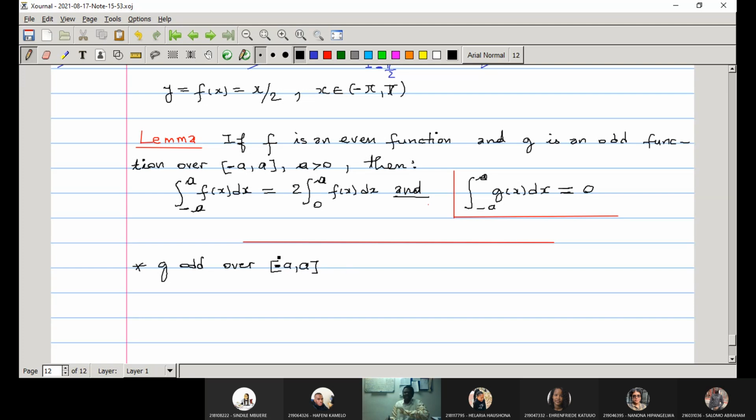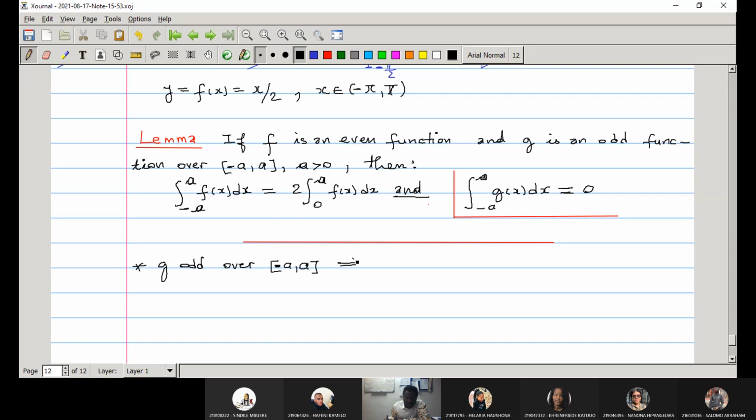It doesn't need to be odd only over this interval, just an odd function, odd over the real line. Just odd, for any real number.